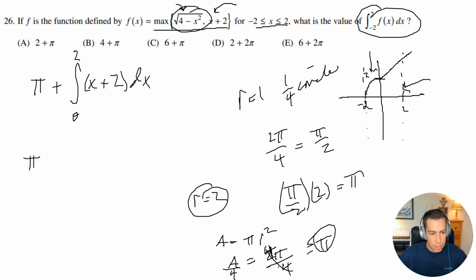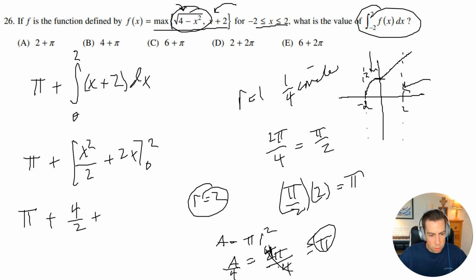Pi plus, take the antiderivative of this: x squared over 2 plus 2x, evaluated from 0 to 2. So 0 just drops off, and I'm going to have pi plus 4 divided by 2 plus 4. Then I'll have pi plus 2 plus 4, and then I'll have pi plus 6.